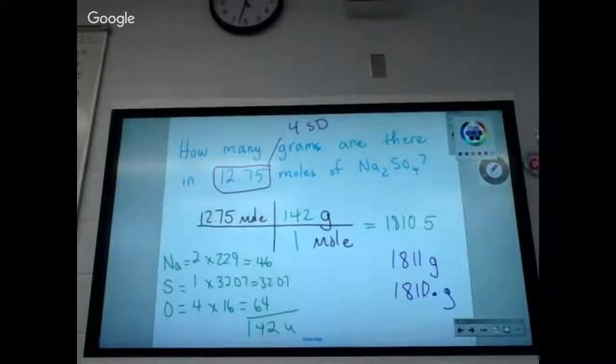Some of you will keep every number on the periodic table. It will vary over time. 9 times out of 10, I'm going to round to whole numbers when I do it on the board. I usually keep the decimals when I do an answer key for worksheets or tests. But on the board, I can multiply and add so much faster with whole numbers than with decimals. I'm like y'all, I just don't do decimals well in my head. Okay?